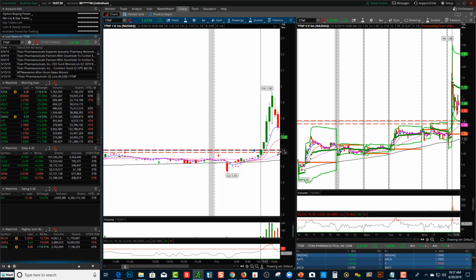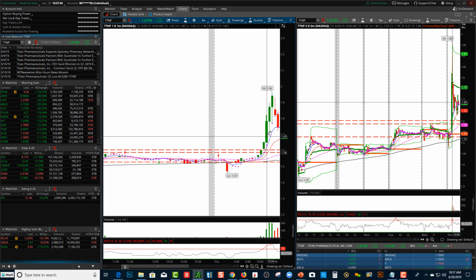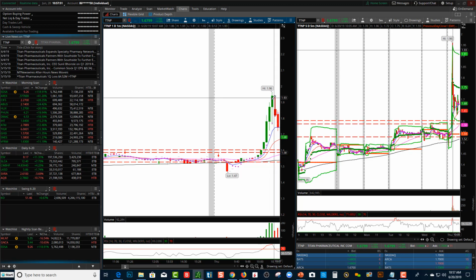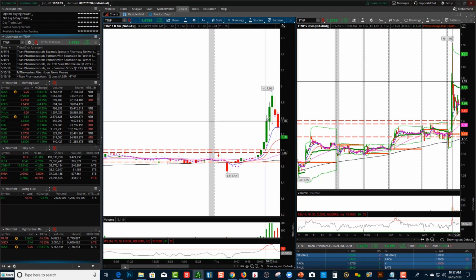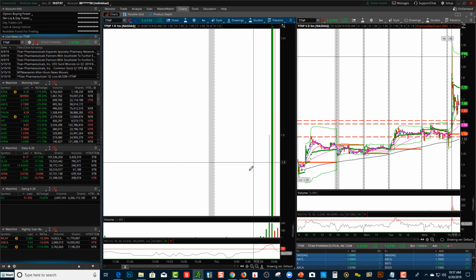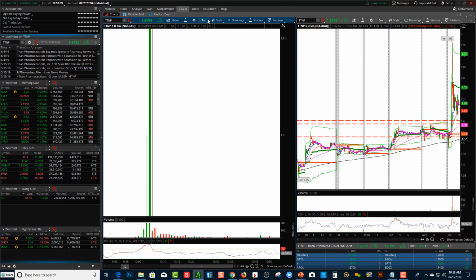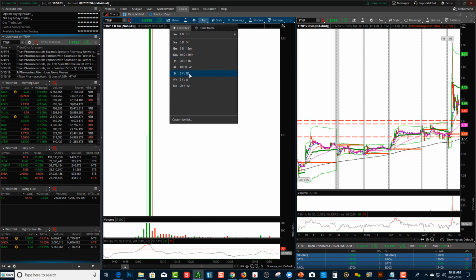So if you got in above that $1.60 right here, you would have had 1, 2, now that's 2 minutes. Now it starts to get a little bit crazy up here. But look at this, $1.60. If you started taking your profits anywhere up in these 3 candles, $1.60 up to $1.82 to $1.96, that's 20 to 30 cents. Oops, I don't know what I just did in my chart there.